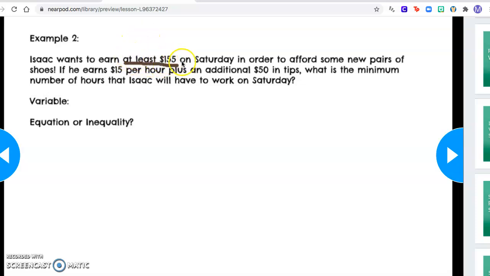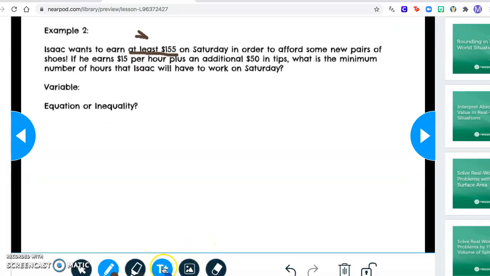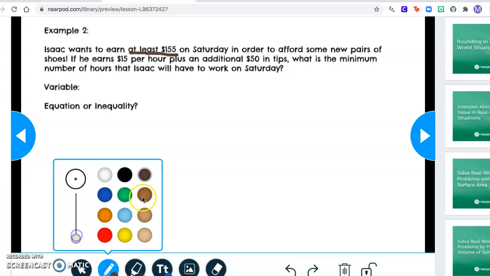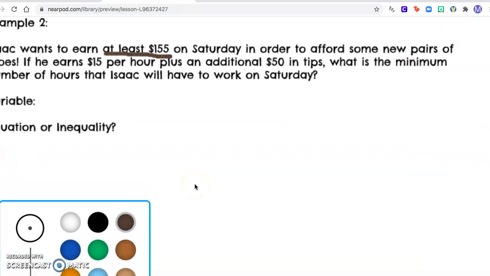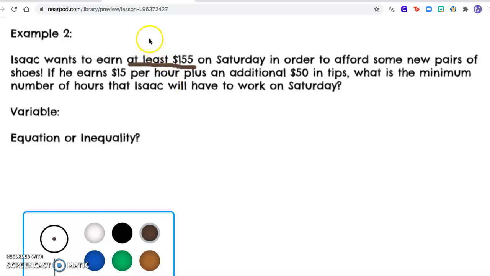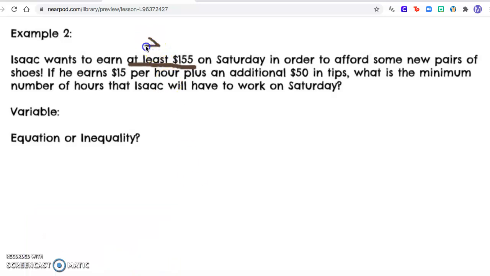If he wants to earn at least 155, that means he wants to earn either something that's greater than 155 or equal to 155.